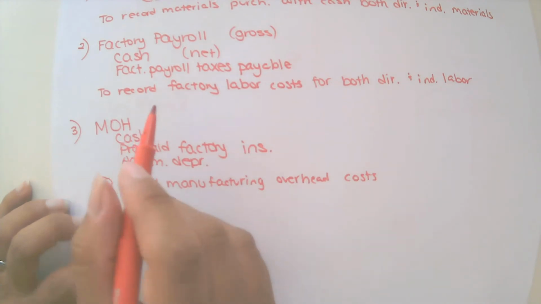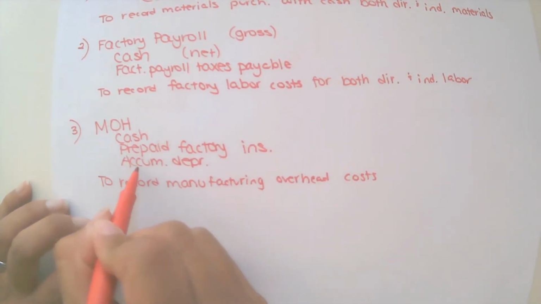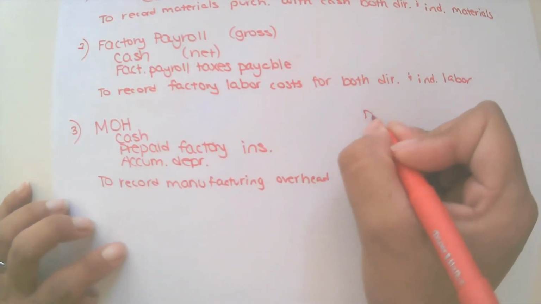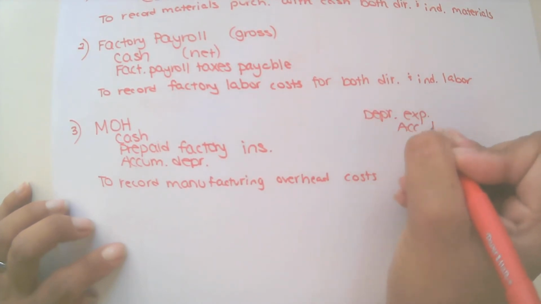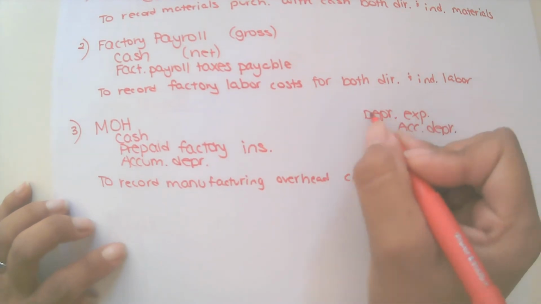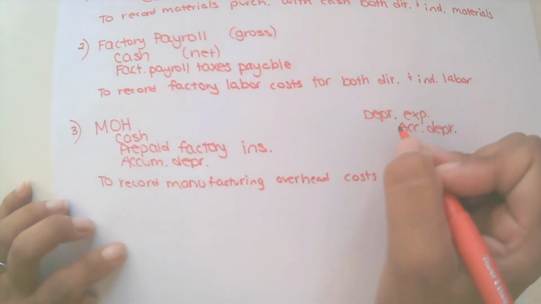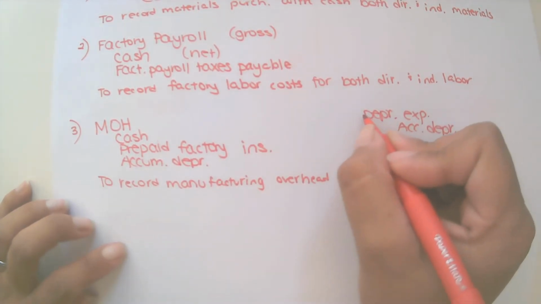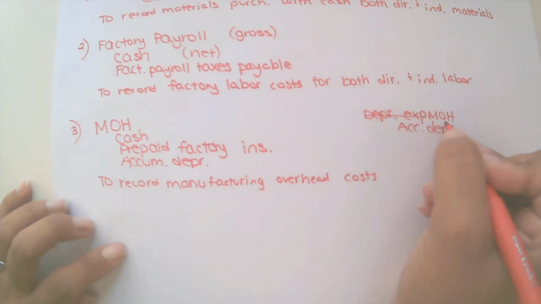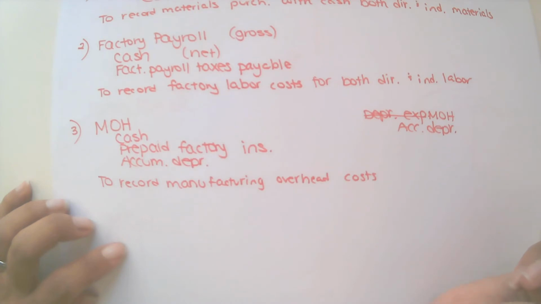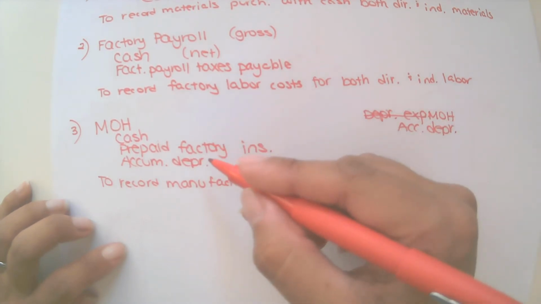And I know it's weird, as a little side note, before in 1A our journal entry to record depreciation was depreciation expense and accumulated depreciation. Well, if this has to do with tracking depreciation costs on manufacturing equipment, we're putting it right to MO. So replace the debit with MO and keep the credit the same. Same thing with insurance.